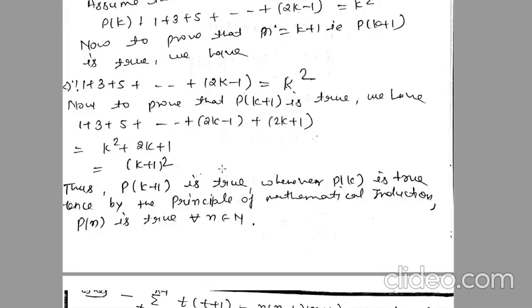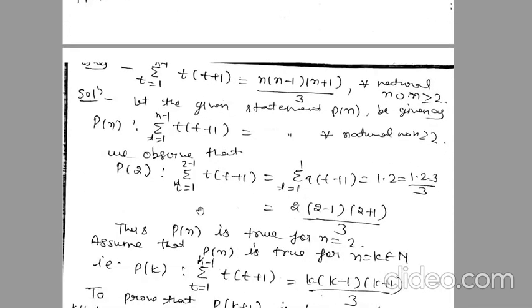Now there is another example here. The example is summation t is equal to 1 to n minus 1 of t into t plus 1 is equal to n minus 1 into n into n plus 1 upon 3, for all natural numbers n greater than or equal to 2. We have to prove this by the principle of mathematical induction.